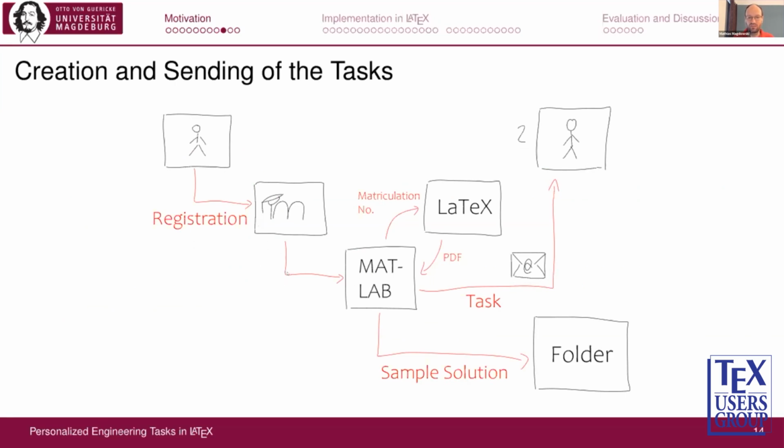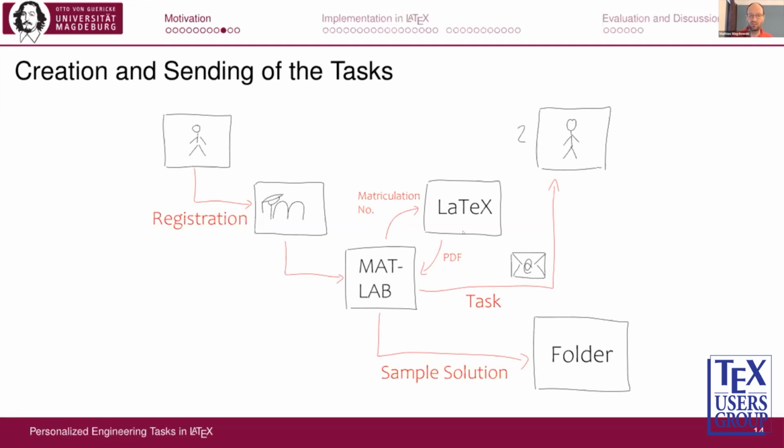And from this list of students, I get the names and I get the matriculation numbers, and I use the matriculation numbers as start seed for the random number generator. So every matriculation number generates a different task, but the same number generates the same task again. So if something goes wrong, these tasks are randomized, but still a little bit fixed.